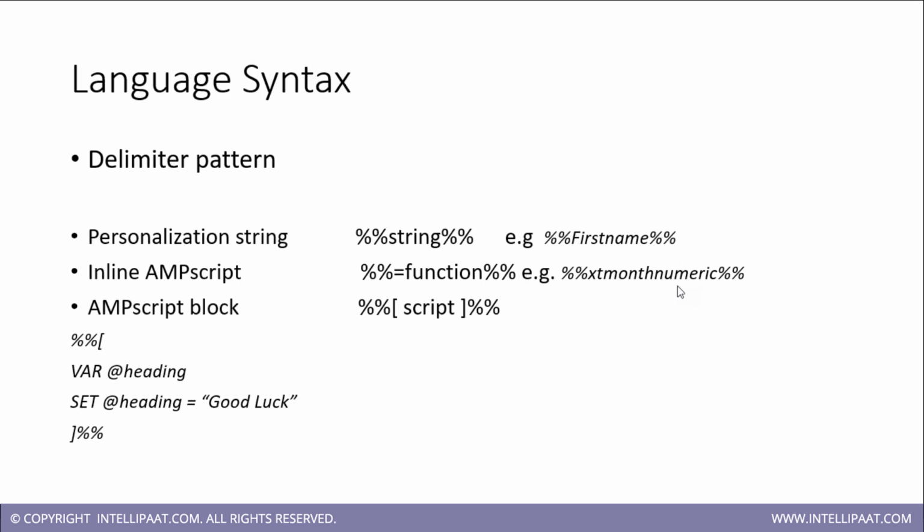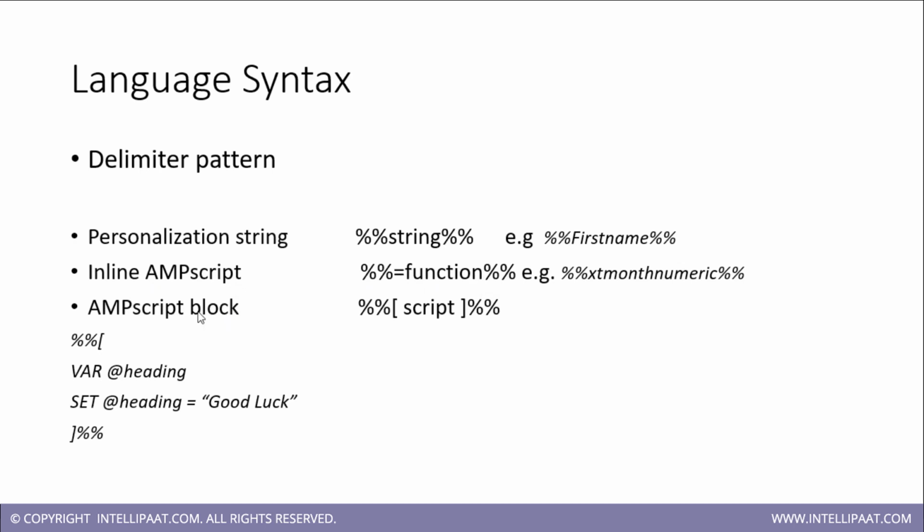Next one is AMP script block. The AMP script block is the real one where you actually write logic, declare variables, and set their values. All those kinds of things happen in the AMP script block. The second one, inline AMP script, you just simply type it and it outputs the value and prints it on the screen, or the email in that case.